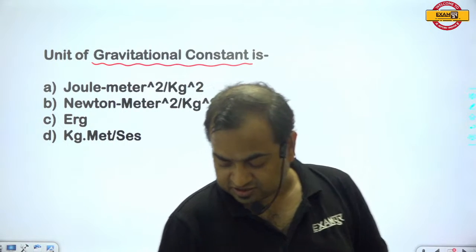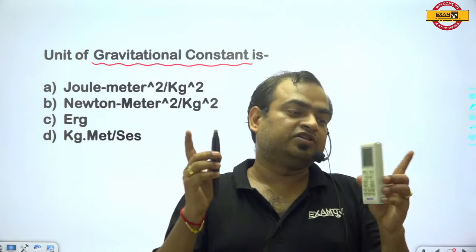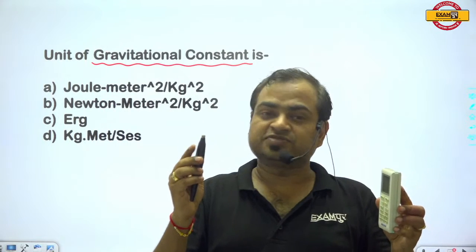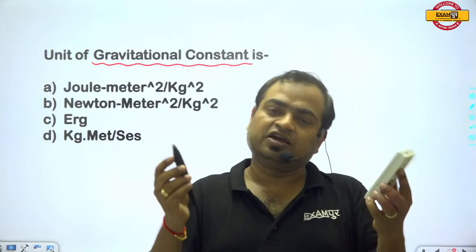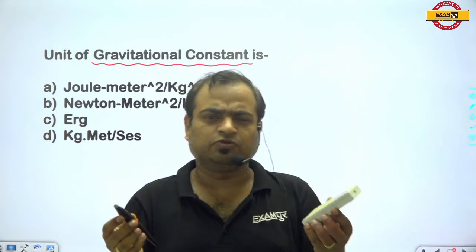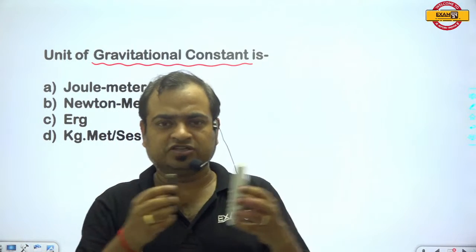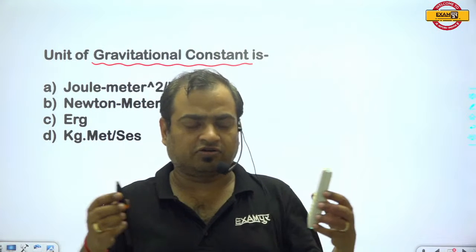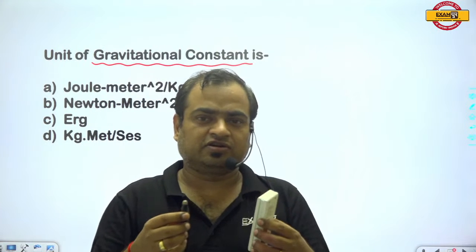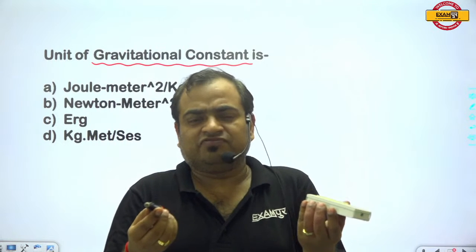This remote control and this pen will also attract each other, but the force of attraction is very low. That's why we cannot feel it. Gravitational force is a very weak force.